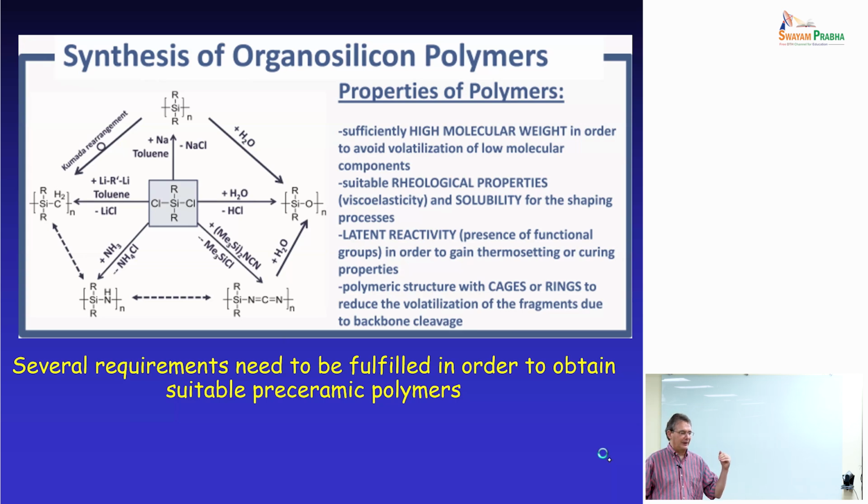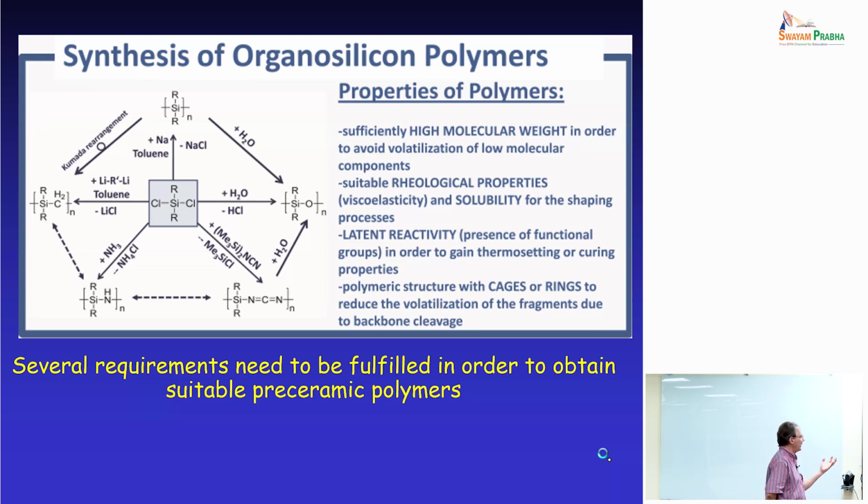And if your molecular weight is not high enough, you have a lot of volatile components that are eliminated during pyrolysis, and this leads to a low, what is called, ceramic yield.